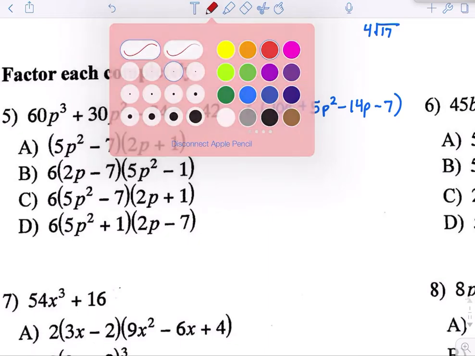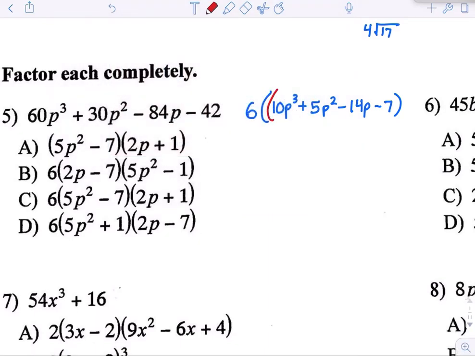Alright, now we can get into our factor by grouping the first 2 terms and the last 2 terms. So I'm going to put the 6. I'm just going to leave that alone for now. Now, from the first set of parentheses, right, I can see I can pull out a 5 and a p squared. So 5p squared.